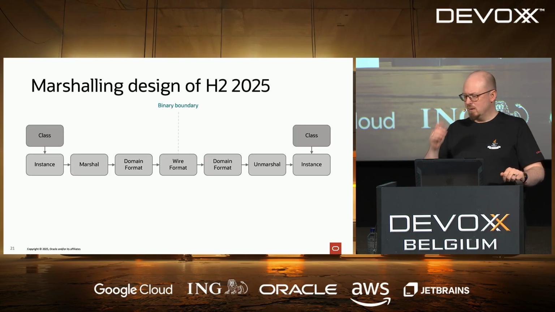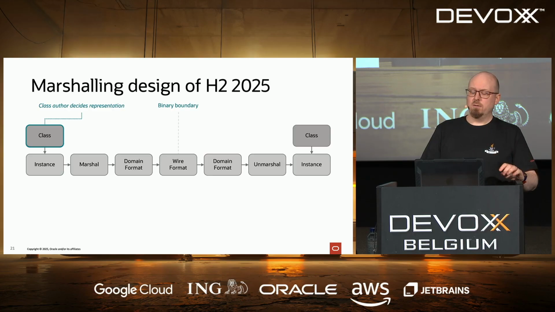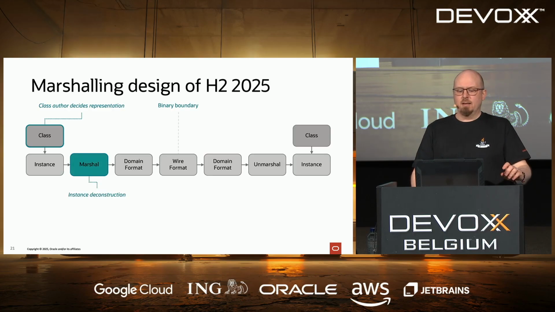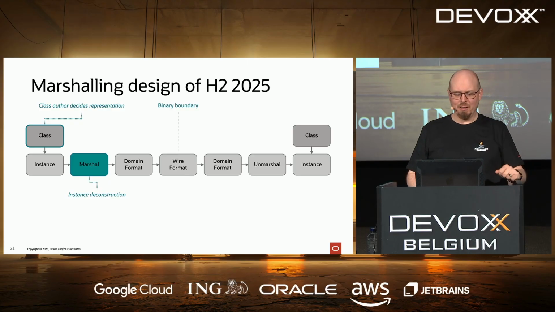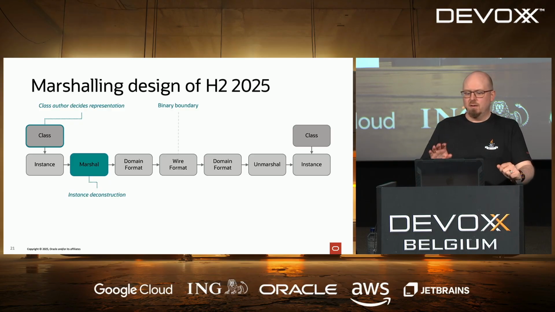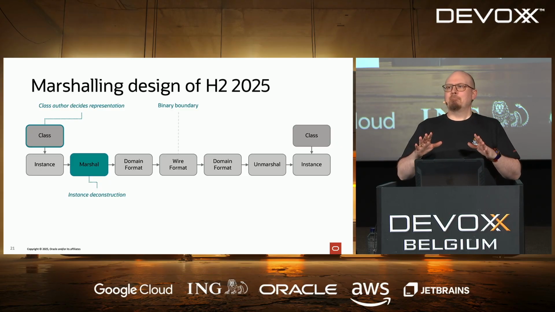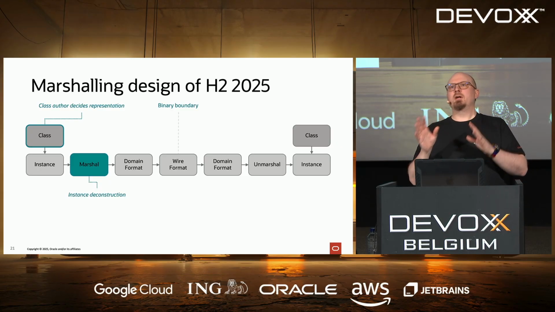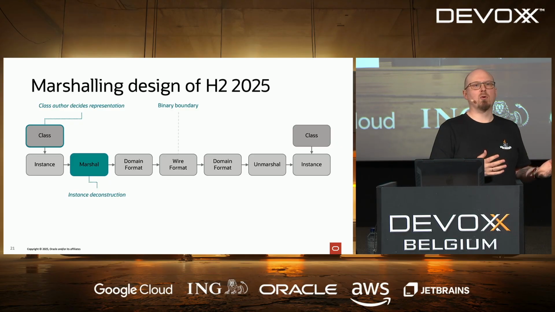So the updated design that we're looking at right now is slightly different. So the class author is still in charge, and the marshalling is essentially the deconstruction and passing that into something else that transforms it, and I'll show you later. So there's a separation here. I don't know if it's a good analogy, but say you have a company and you process orders and your order processing has an XML format.